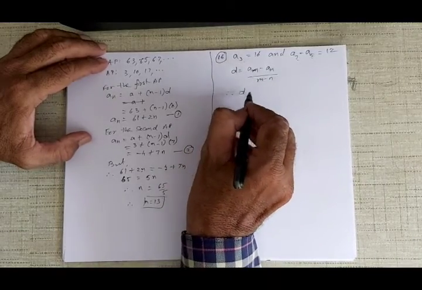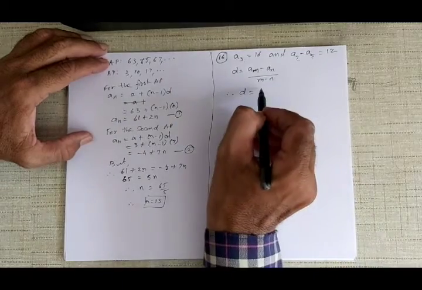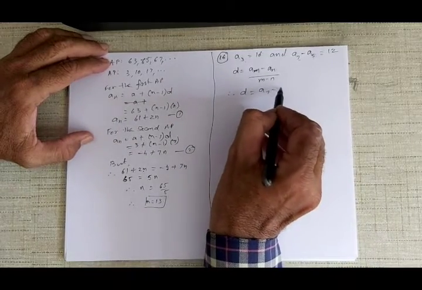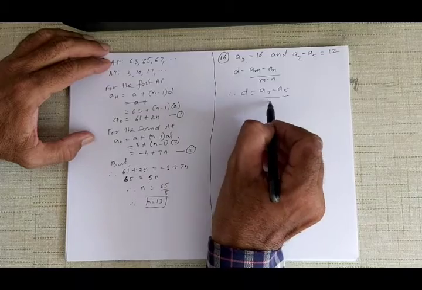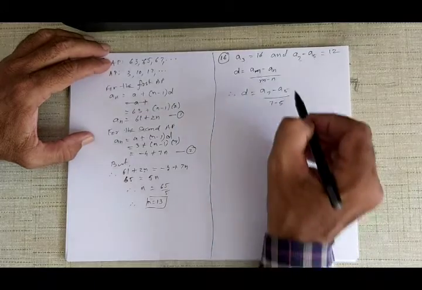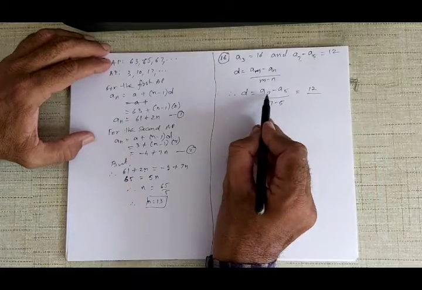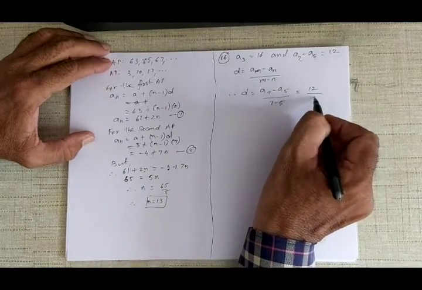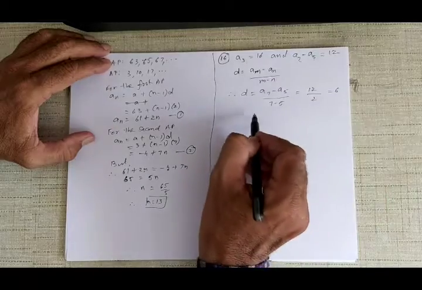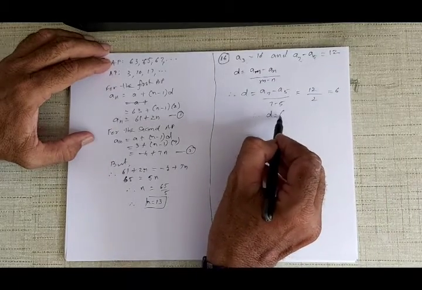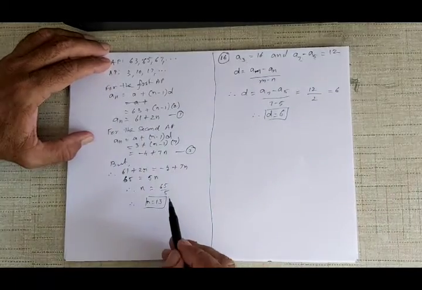Therefore D is equal to a of 7 minus a of 5 upon 7 minus 5. a of 7 minus a of 5 is given as 12. ये तो दे दिया हमको 12 है. 7 minus 5 is 2, so 6. So therefore D की वैल्यू आ गई 6. ये D की वैल्यू आ गई.